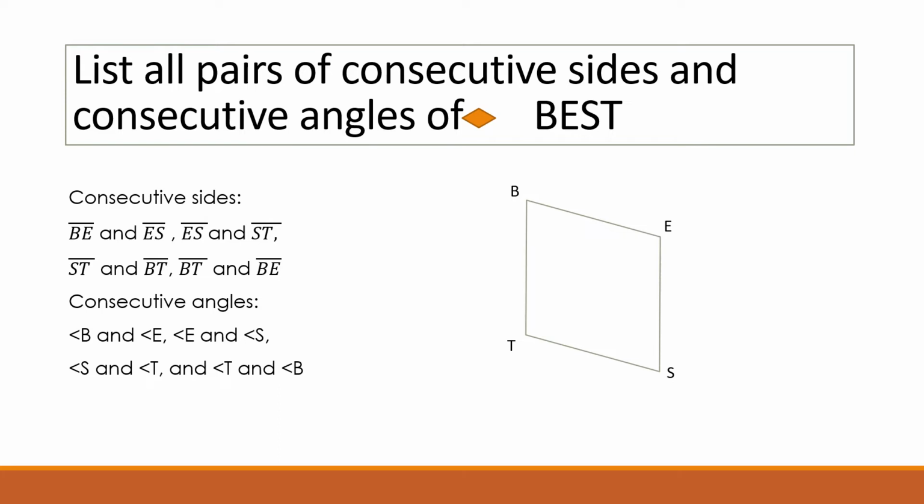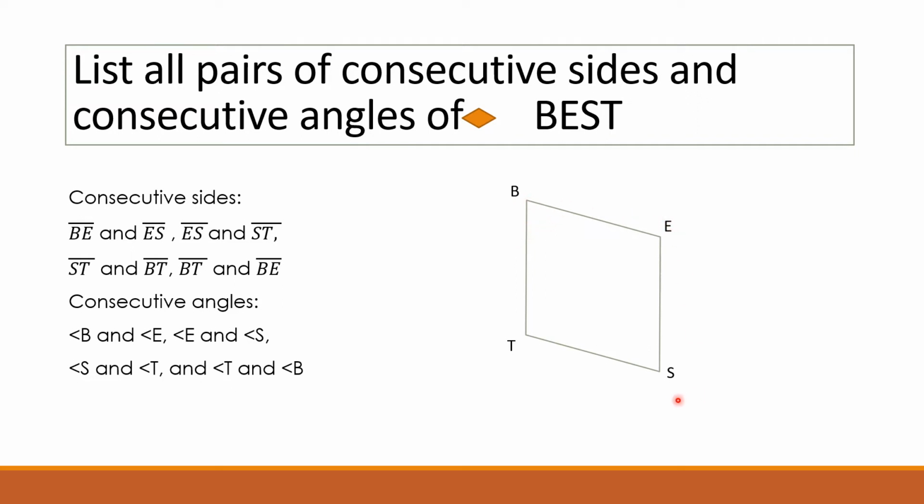So, the consecutive sides are segment BE and segment ES, they are partners, and then segment ES and ST, and then segment ST and BT, and then BT and BE.